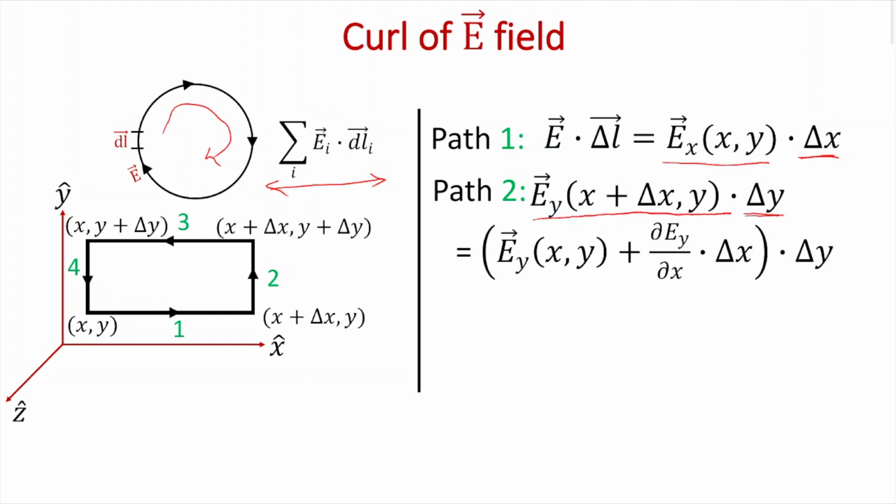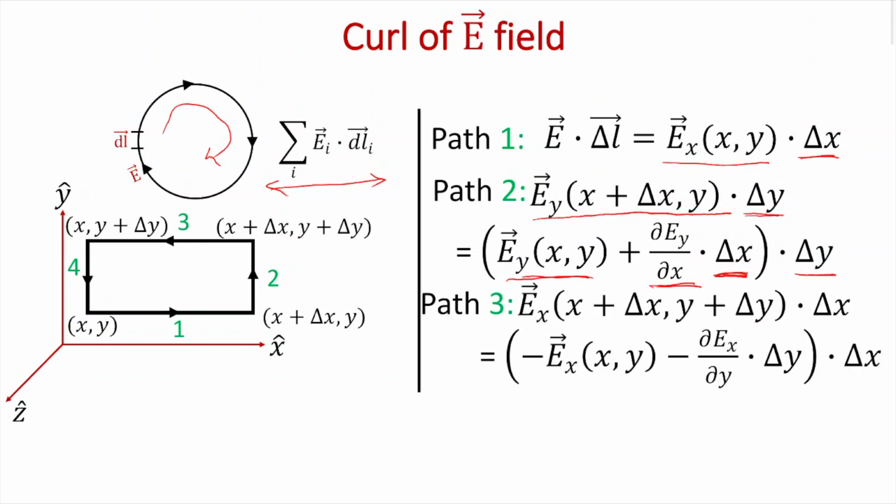This Ey is Ey at x comma y, plus how much Ey changed when we moved in x, and then we multiply by the distance that we moved. So here in path 2, we moved delta x distance, so we multiply by delta x. And then this whole thing is multiplied by dl, which is delta y in path 2.